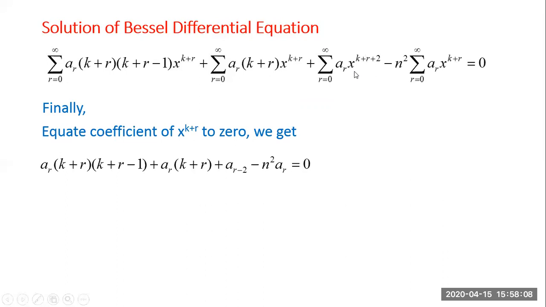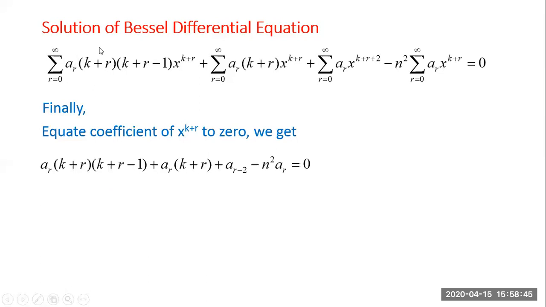If I go one step behind this, I get x power k plus r plus 1, and one more term behind this will be x power k plus r. So if I go 2 steps backward, the coefficient will be a r minus 2. So the coefficient of x power k plus r from this is a r minus 2. And from the last term, the coefficient of x power k plus r is minus n square into ar.